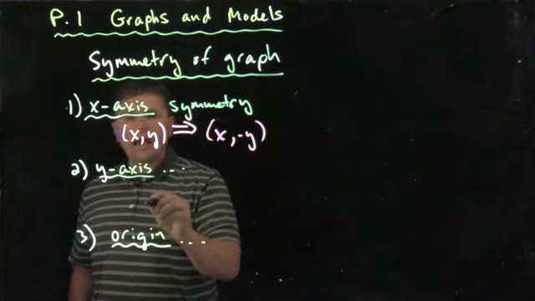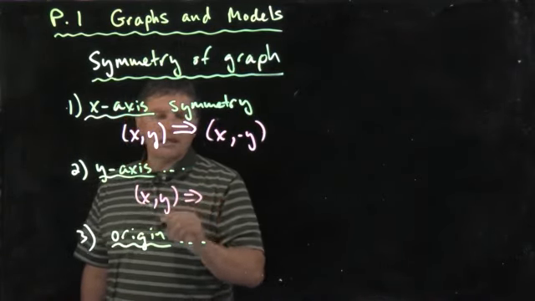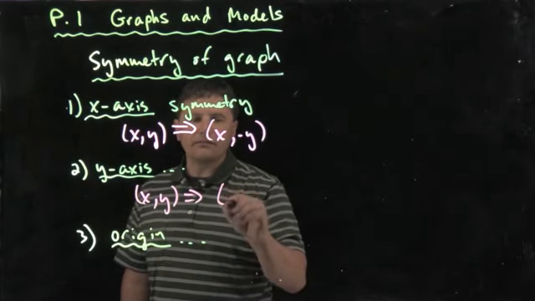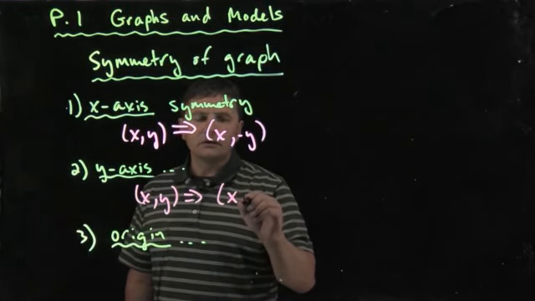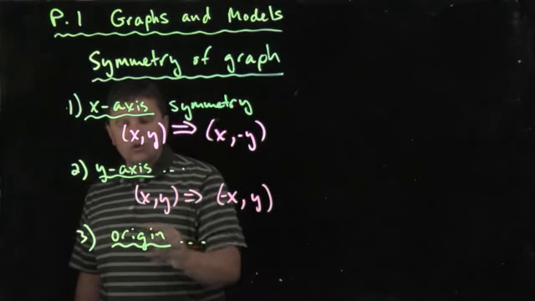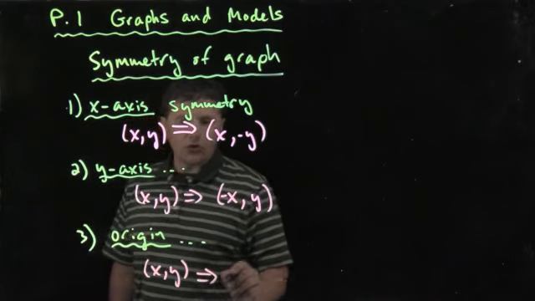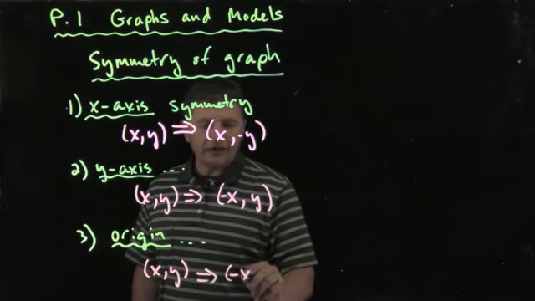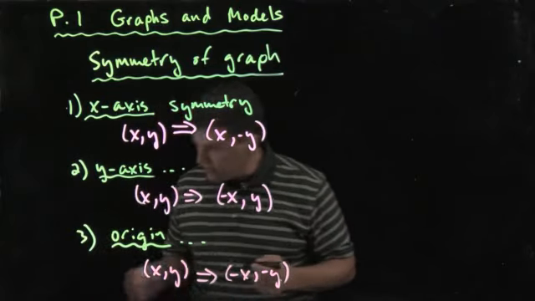Y-axis symmetry would be the point x, y is going to be the same as negative x, y. And origin would be the point x, y goes to negative x, negative y. And this is what we're going to use to test these things.